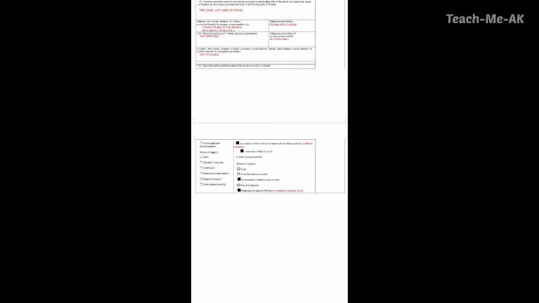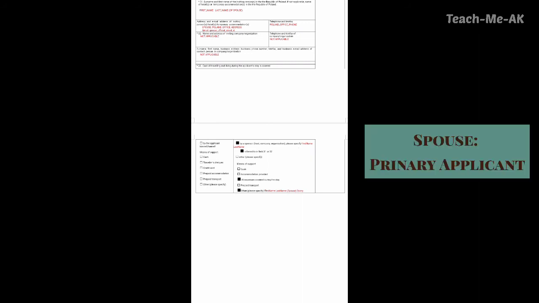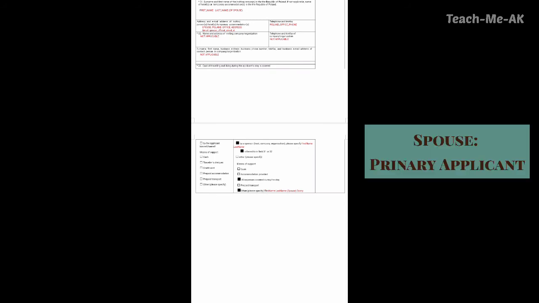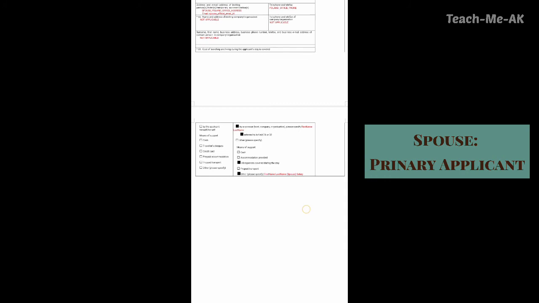In front of by a sponsor, please mention the first name and last name of your spouse who is traveling as the primary applicant, and select all expenses covered during the stay, that it is taken care of by your spouse as the primary applicant, and also choose the option as others. Here you should mention the first name and last name of your spouse who is the primary applicant.